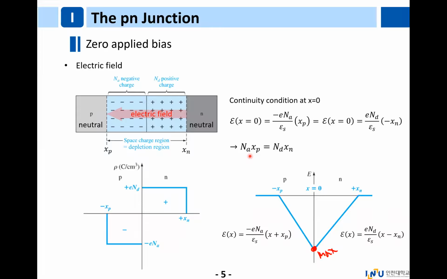That is, increasing the doping concentration leads to a narrower depletion region, and conversely, lower doping concentration results in a wider depletion region. So this relationship is derived from the continuity condition of the electric field at the junction.